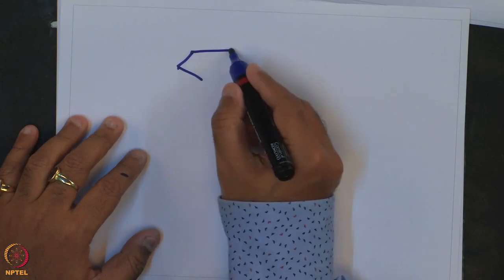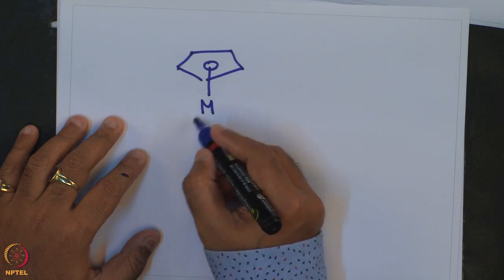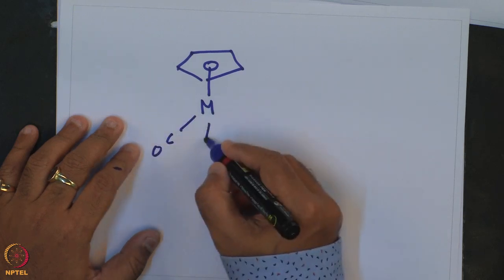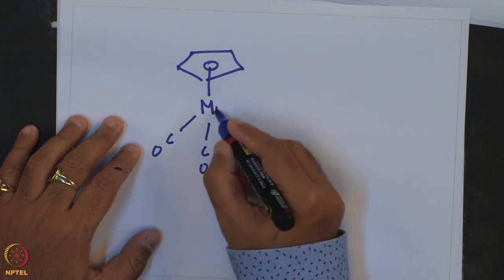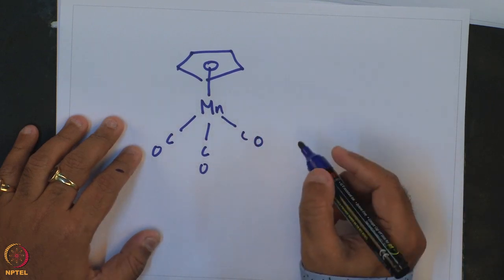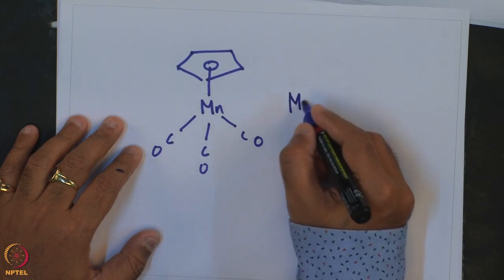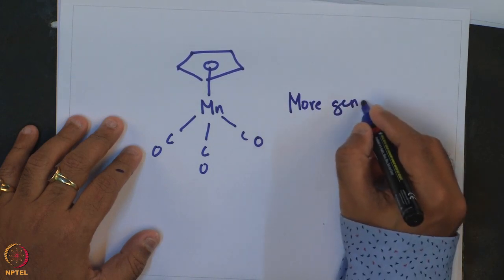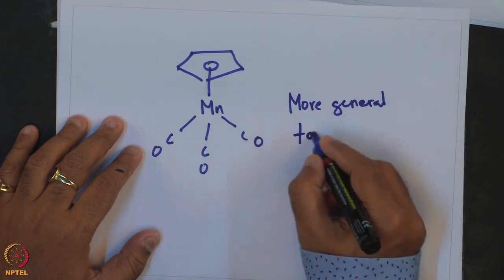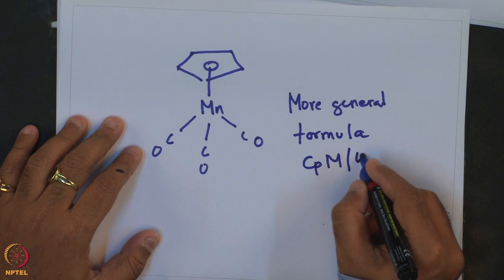For example, the structure of this kind of compounds is primarily of this type, where you have a CpM(CO)3, for example CpMn(CO)3, or more generally, the formula would be CpM(CO)n.